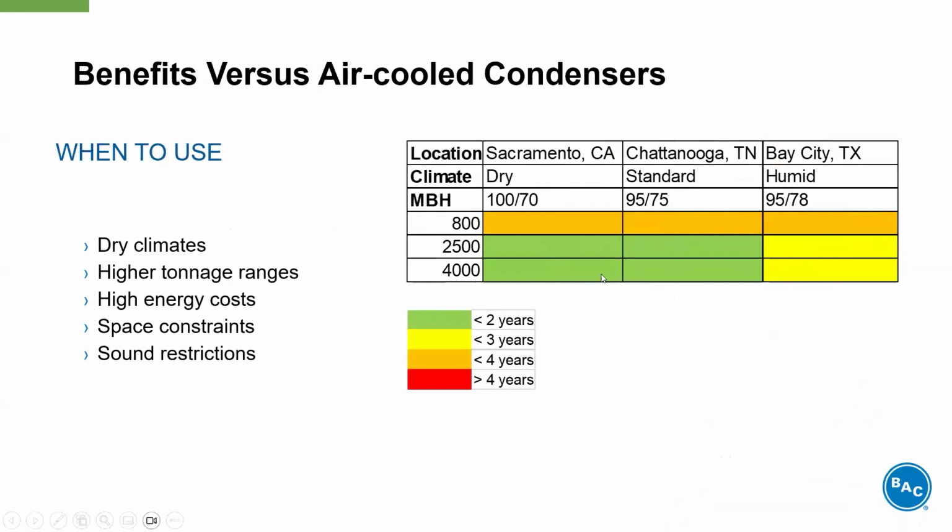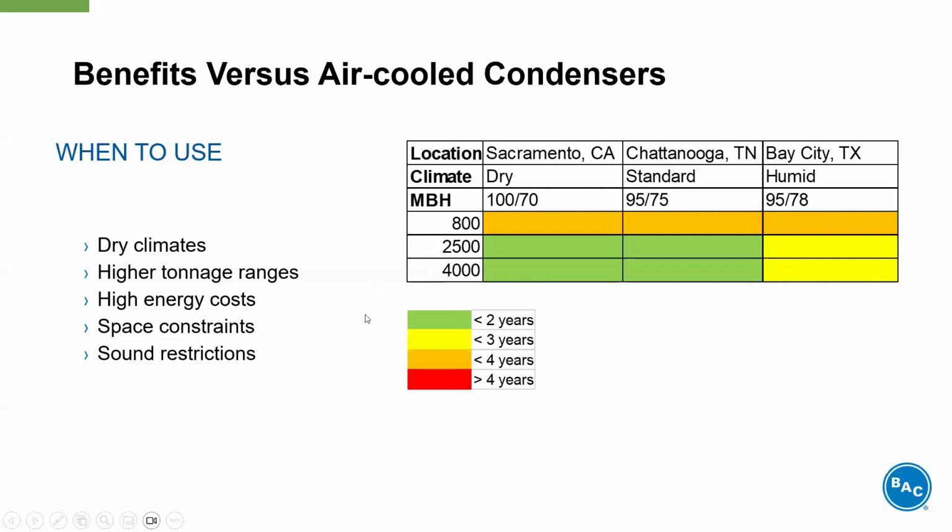And we've color-coded the simple payback or return on investment. And so we see that we get the fastest payback, of course, in dry climates and higher tonnage ranges versus air-cooled condensers. In humid climates, adiabatic can still work, but just be prepared that the payback, the ROI, will be a little bit extended versus in a dry climate.